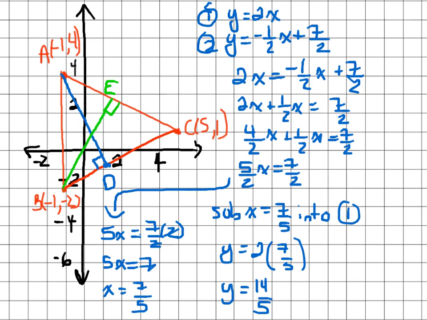And if I look here, the y-coordinate does seem to be a little less than 3, and the x-coordinate is a bit more than 1, and that seems correct too. But what I need to do again is to verify that 7 over 5 and 14 over 5 satisfy equation 2. And I will do that on the next slide.